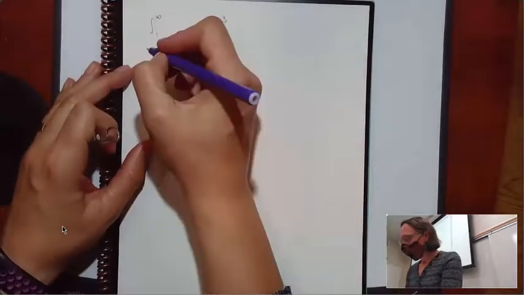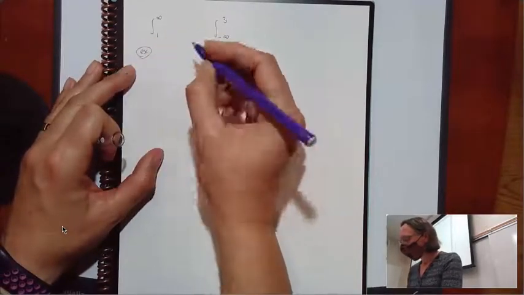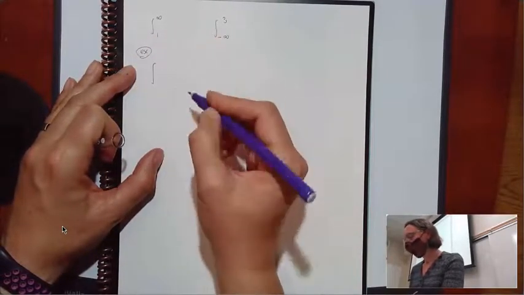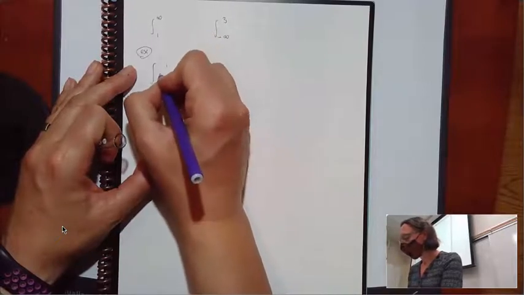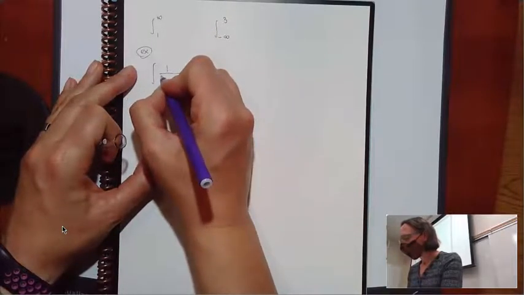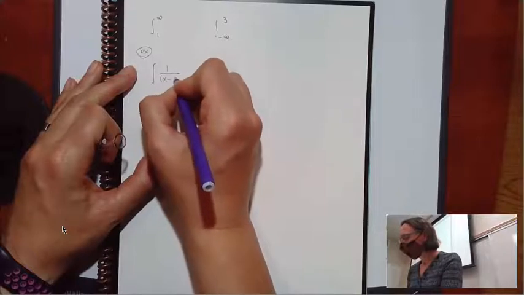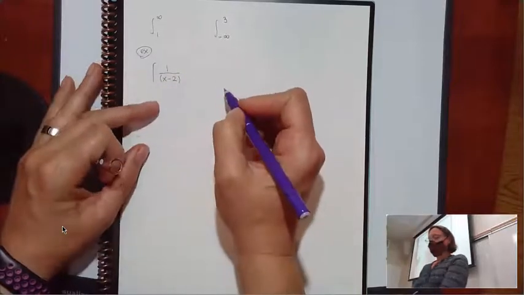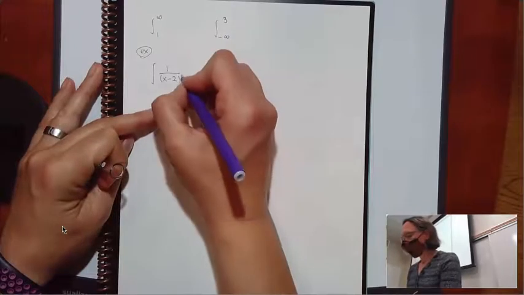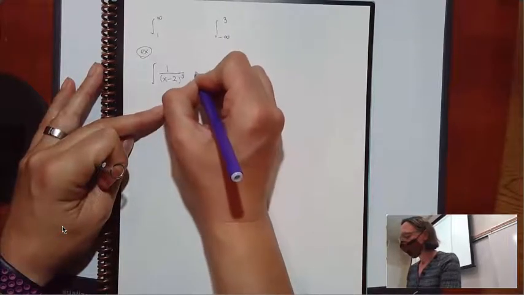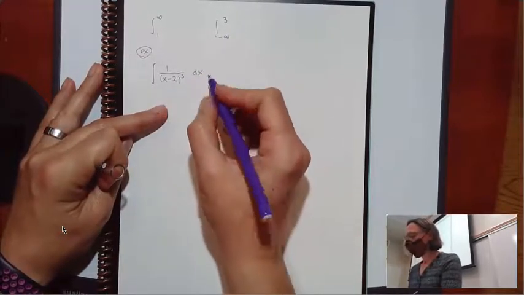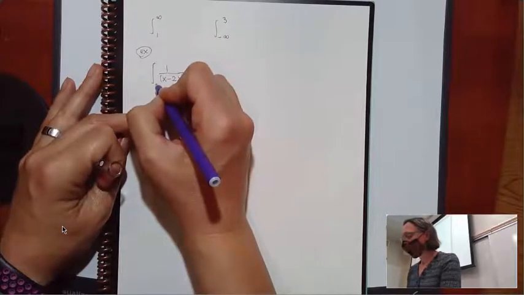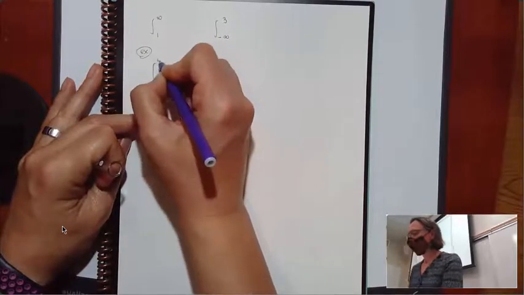So the other way improper integrals happen is if I had something that looked like, I'm going to go back to something we had before, I don't remember exactly what I wrote, so I'm just going to make it up. Let's say I had 1 over x minus 2 cubed. And I wanted to integrate from 2 to 4.